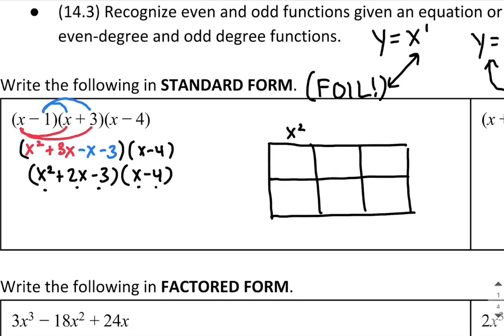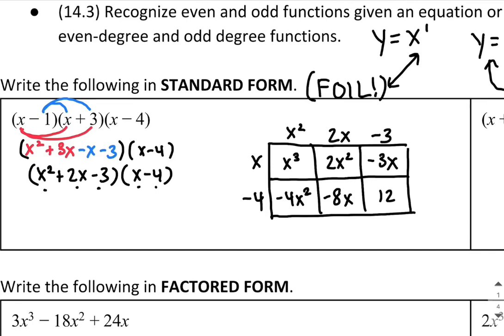I'm going to have x squared plus 2x minus 3 as one side length, and x minus 4 as the other side length. And I'm going to multiply everything together, and this way I don't forget anything. So I have x times x squared is x cubed, x times 2x is 2x squared, x times negative 3 is negative 3x, then I have negative 4 times x squared is negative 4x squared, negative 4 times 2x is negative 8x, and negative 4 times negative 3 is positive 12.